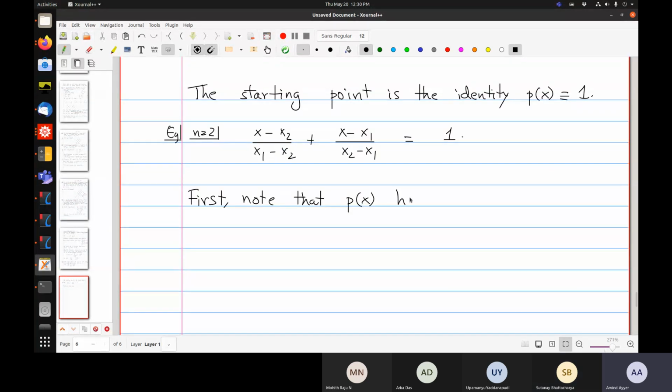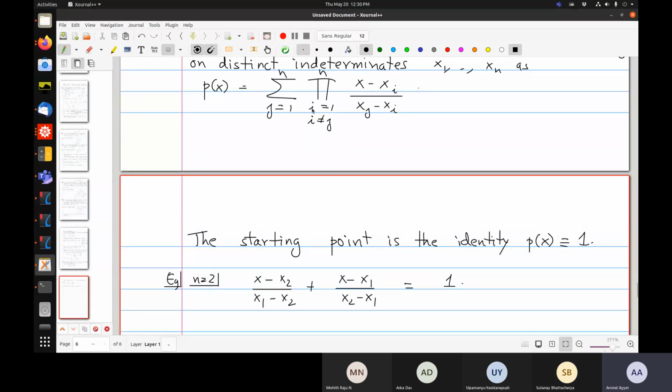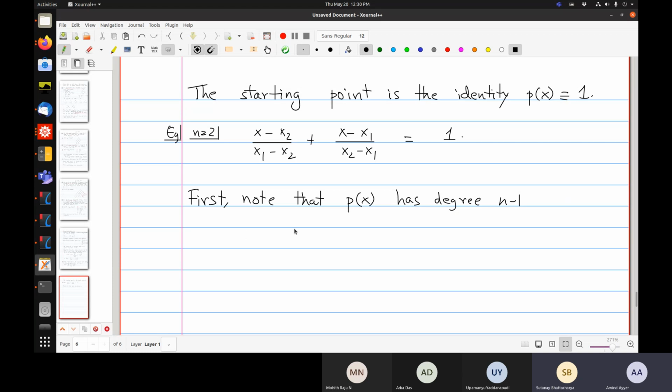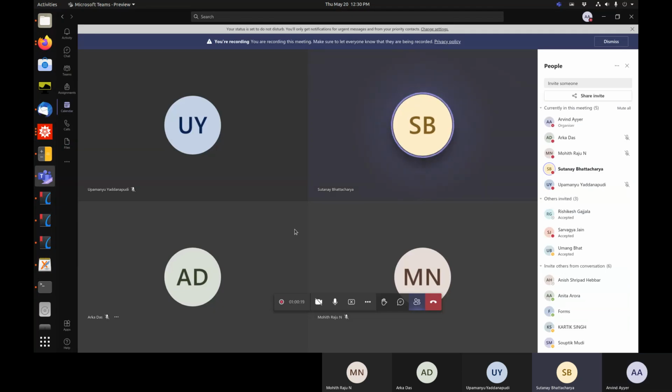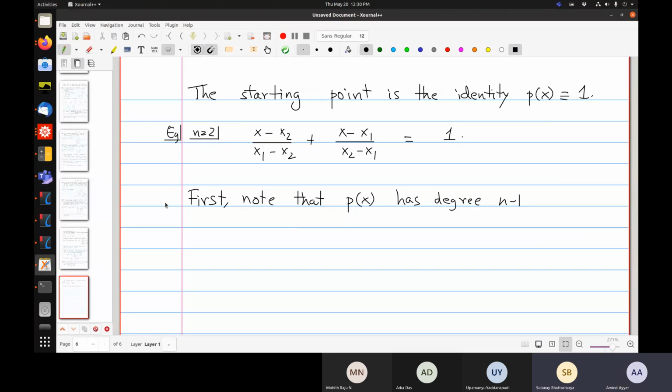So first note that p of x has degree n minus 1 because in each product you are multiplying n minus 1 terms. You can plug in the variables one by one. Exactly, that's the idea. So it has degree n minus 1. Therefore, it is determined by its values at n points.